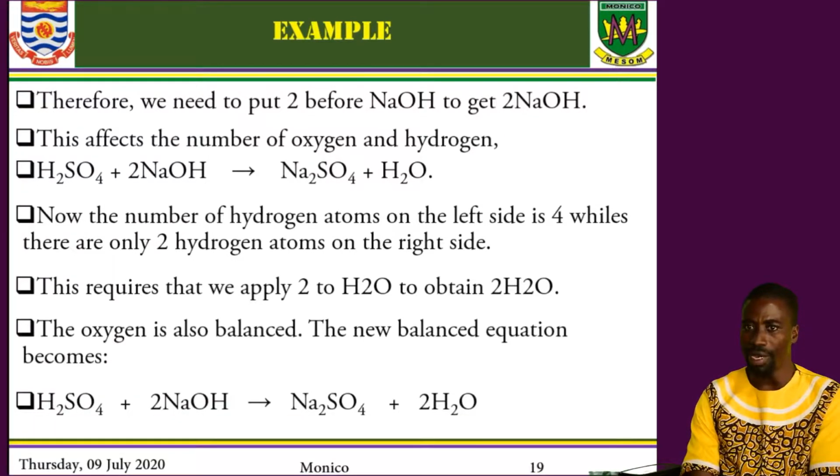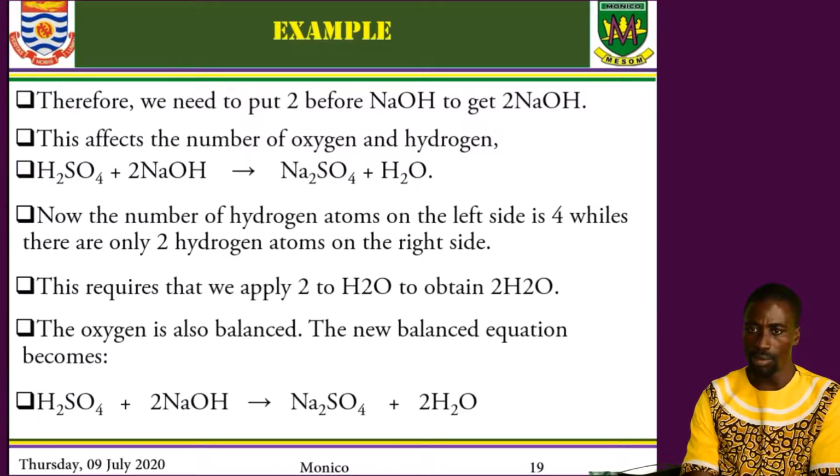So now I have H2SO4, 2NaOH, Na2SO4, 2H2O. So let's see whether it is balanced or not. On the reactant side, I have 4 atoms of hydrogen and 4 atoms of hydrogen on the product side.